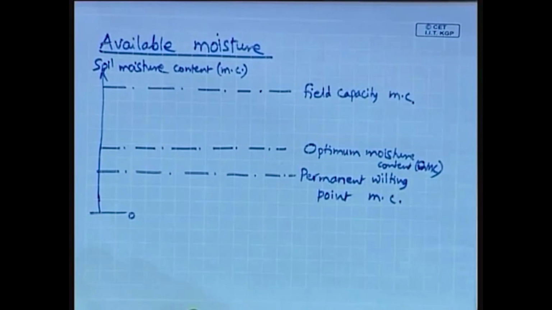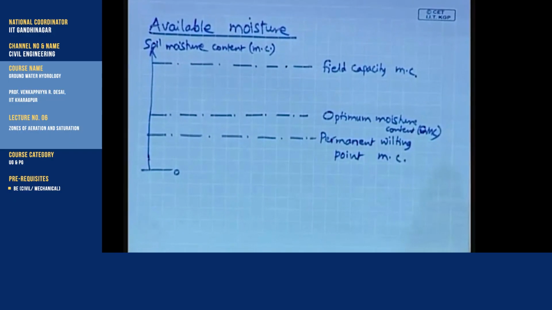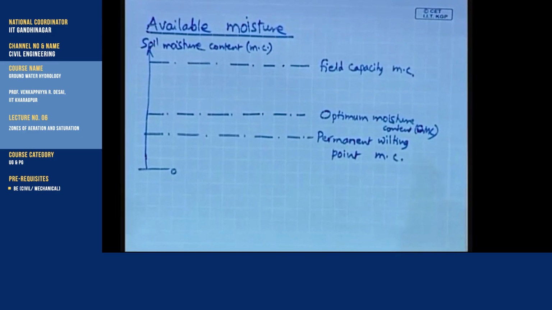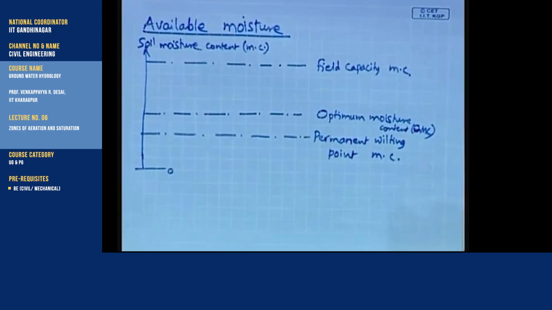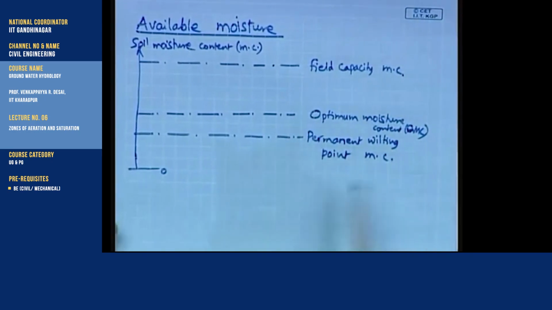So, it is not given away by the soil. Therefore, plants cannot extract any water by capillary action. So, the plants start wilting or drying, and further, they die.